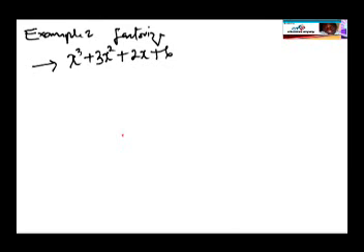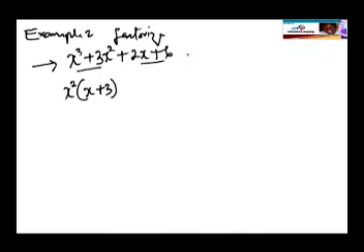Okay, the second example says it's a 4-term polynomial. Sure, we can group them in 2. We already know what to do when we have 4-term or 6-term or 8-term. As soon as it's an even number, we should know what to do. So we'll group these 2 and group these 2, and when I factor out this, I'm going to have x squared out, and I'll be left with just x plus 3.